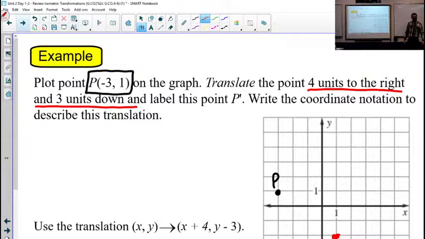And this new point is going to get labeled P prime. P prime, to show that it's been translated, to show that the point has been moved. It's our point P, it's just been shifted to the right 4 and down 3.